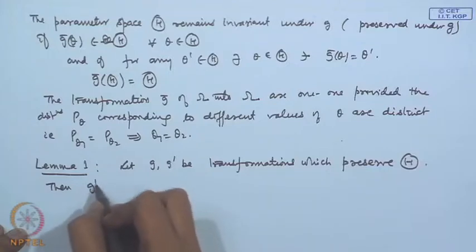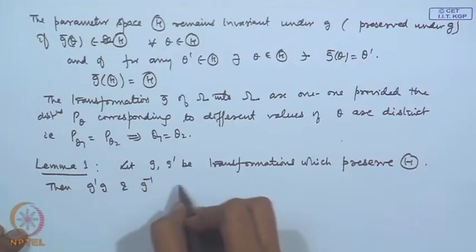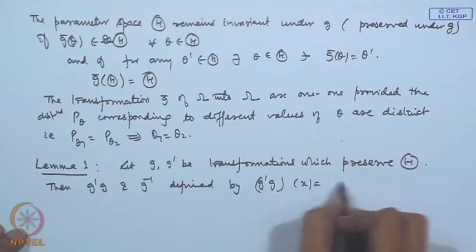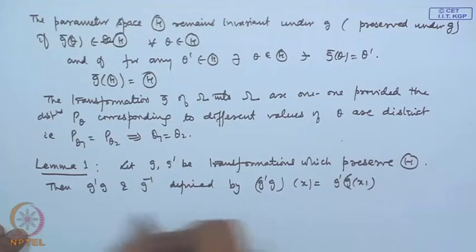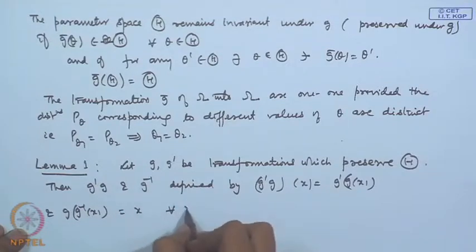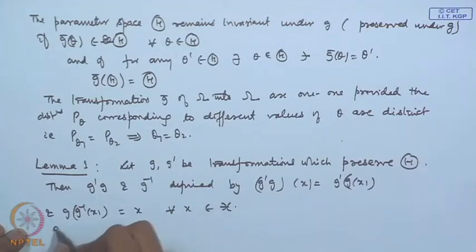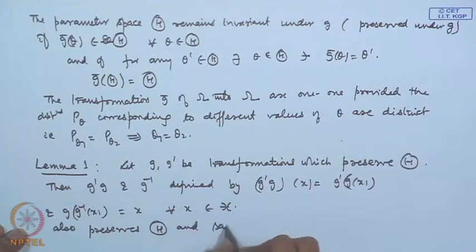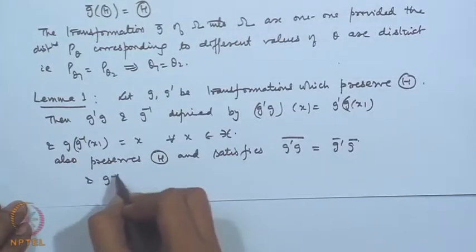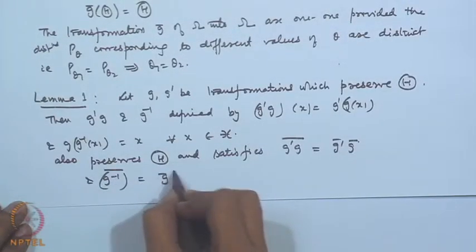Then g prime g and g inverse, defined by composition, that is g prime g of x is g prime of g of x, and g of g inverse x is equal to x, also preserves theta and it satisfies g prime g bar equal to g prime bar g bar and g inverse bar is equal to g bar inverse.